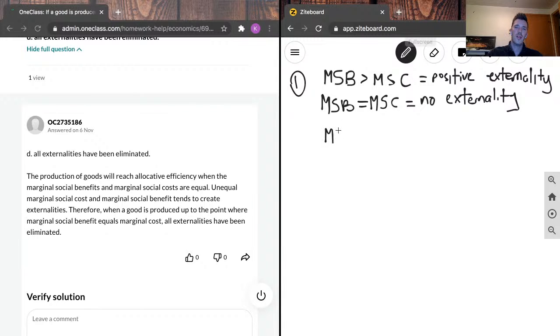And of course, the last scenario, when marginal social benefit is less than marginal social cost, we're going to have a negative externality.